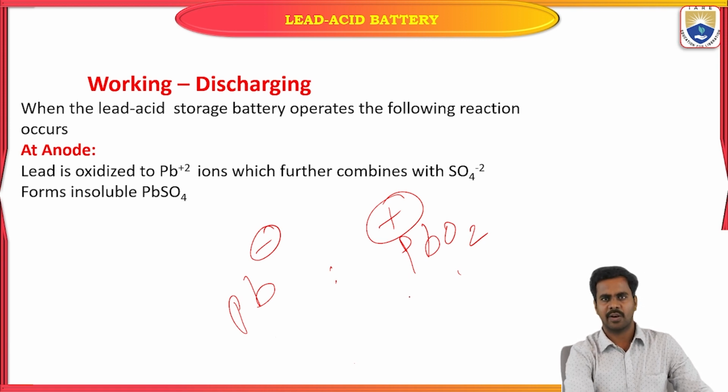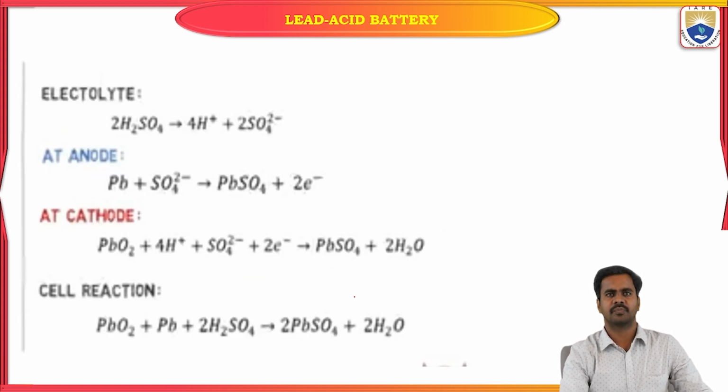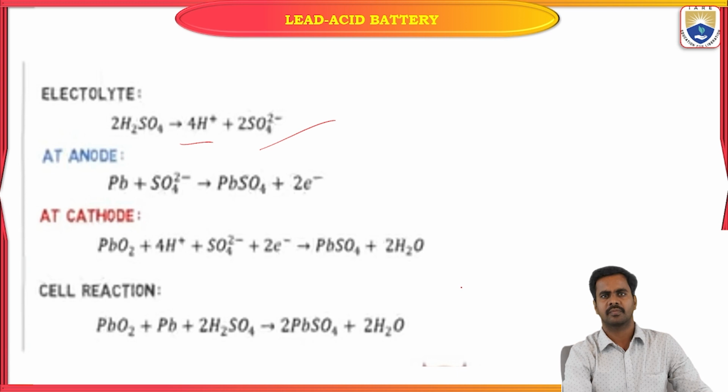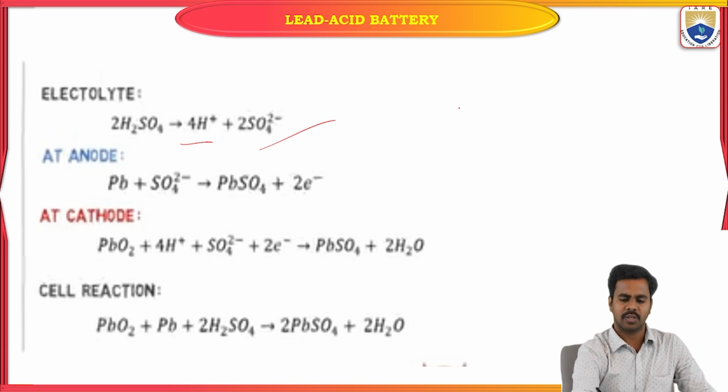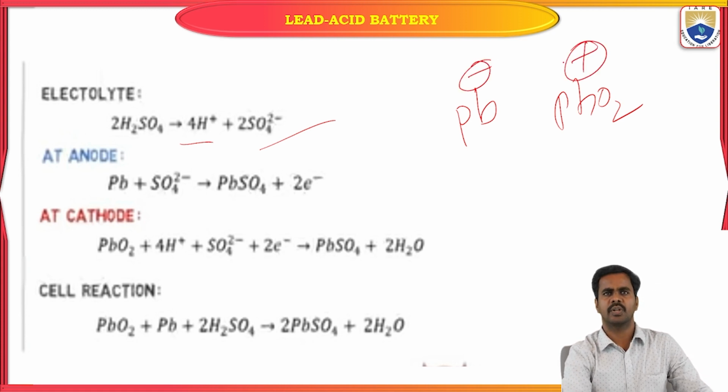Before going to the reactions at the anode and cathode, first the H2SO4 electrolyte present in the battery dissociates into H+ and HSO4-. During the discharging process, the anode is Pb and the cathode is PbO2, and H2SO4 first undergoes dissociation, forming H+ and SO4 2-.